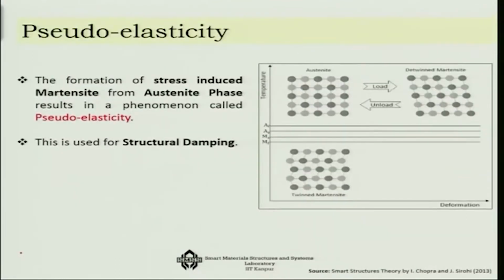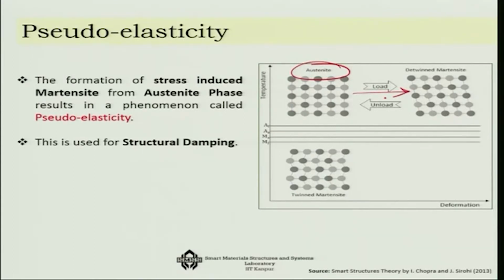Now, suppose I do not change the temperature, I keep the temperature at a high temperature level this time, not at low temperature, and that means to begin with I am at the austenite level. Now at that level, if I load it, what is going to happen?